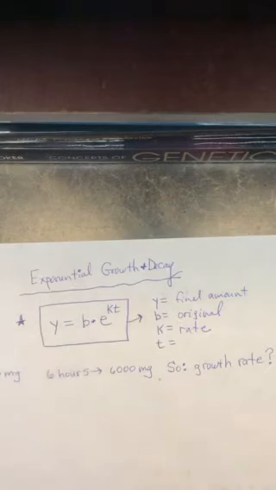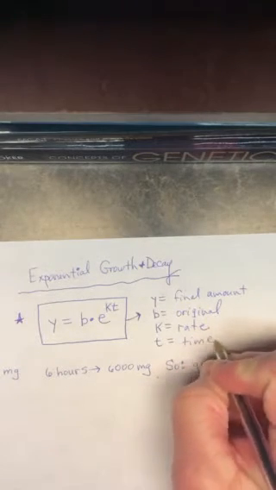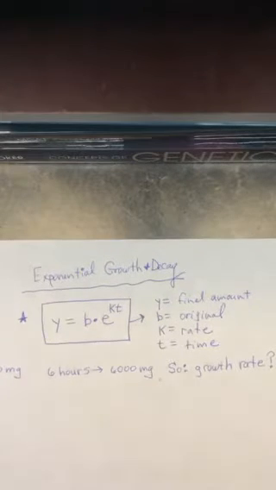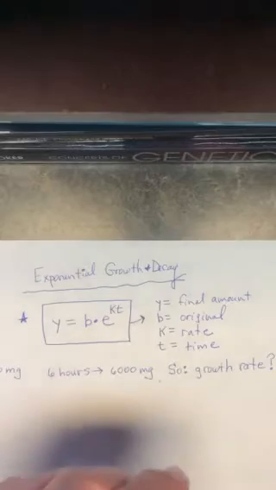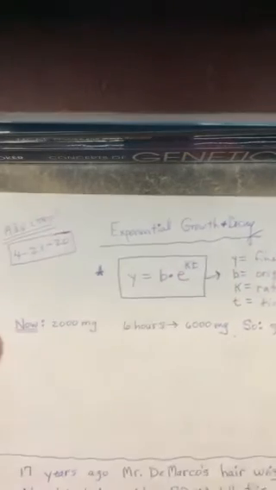Again, that'll be a positive value if it's getting bigger, a negative value if it's getting smaller. And t, of course, is the amount of time that that stuff has been allowed to grow or get bigger or smaller. Okay? So with that formula in mind and being familiar now with what all the letters stand for, let's look at our first problem.